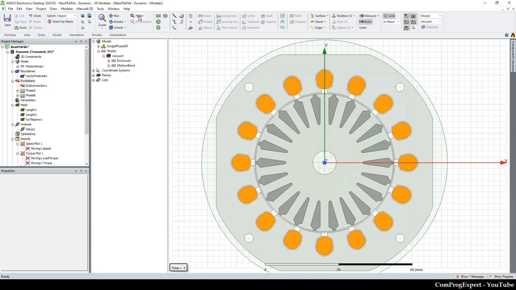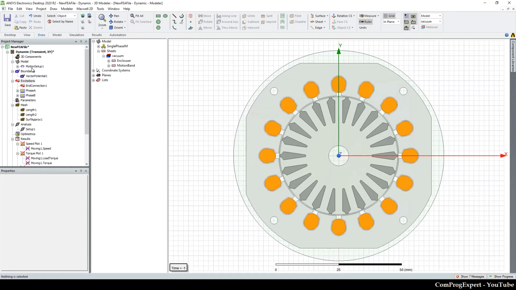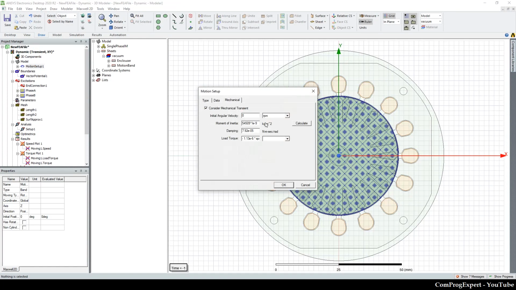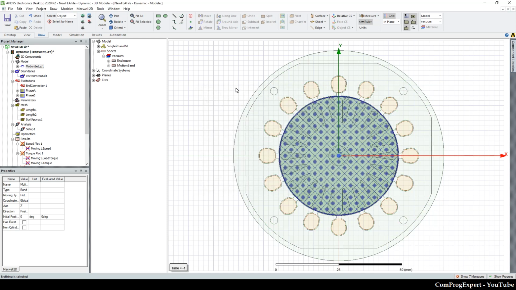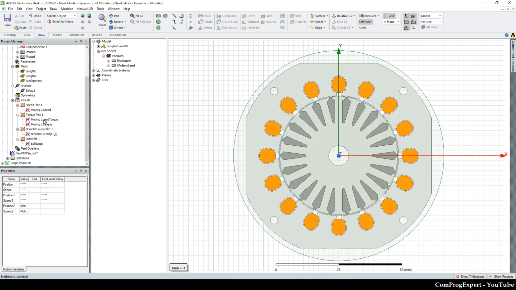So we modified the circuit, and also we should modify the load parameters to get the right answer and the right speed. That is the topic of our next video. Thanks for watching.